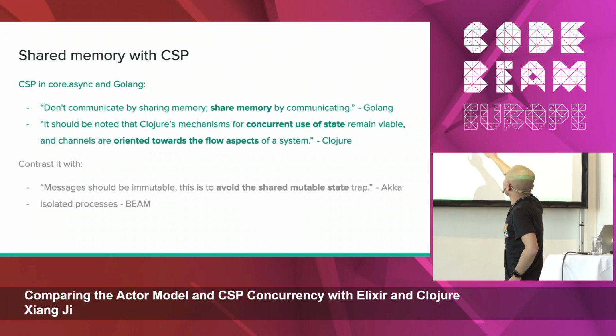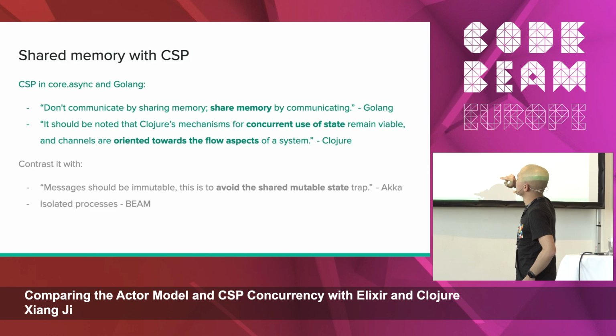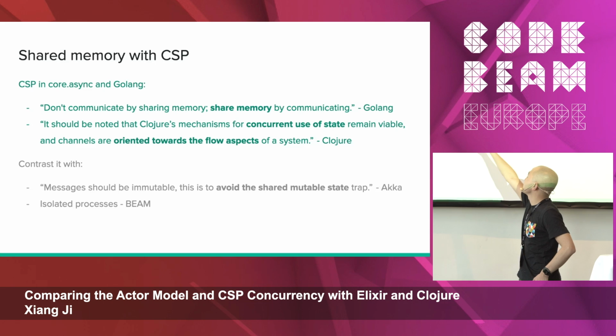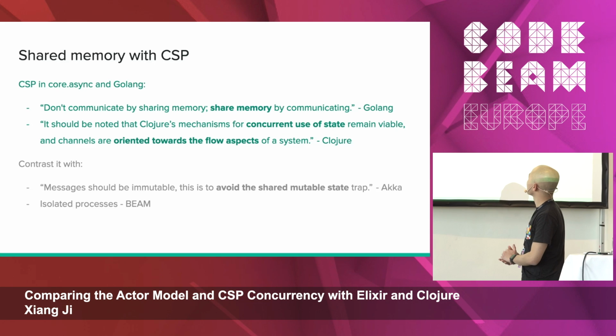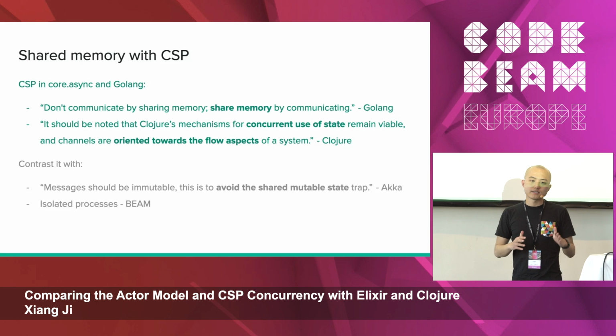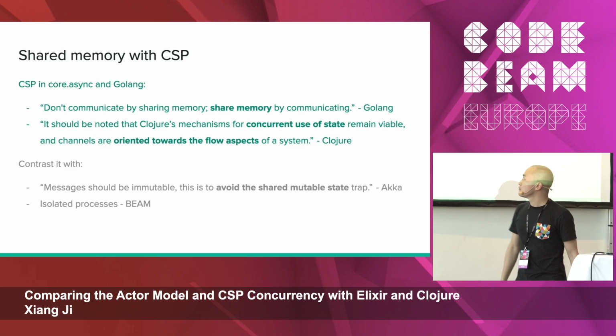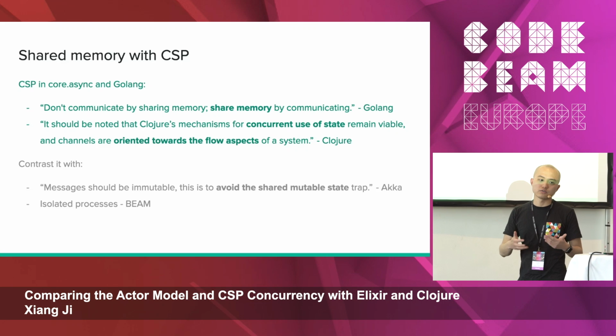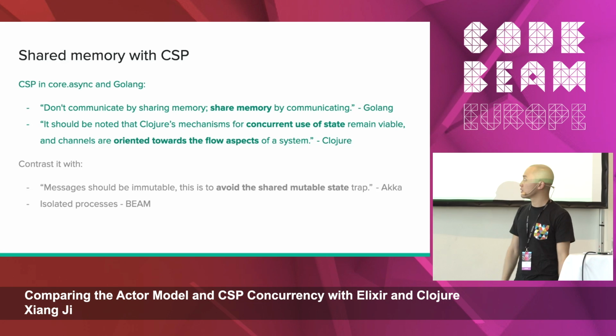And also, this is from Rich Hickey's quote. He says this mechanism, when he introduced it, is oriented toward the flow aspects. It's actually not so oriented towards the concurrent use of state. All the nice STM things are still there, but it just offers an extra tool towards how you control the flow, how you talk to each other, how you arrange the job in a queue-like manner.